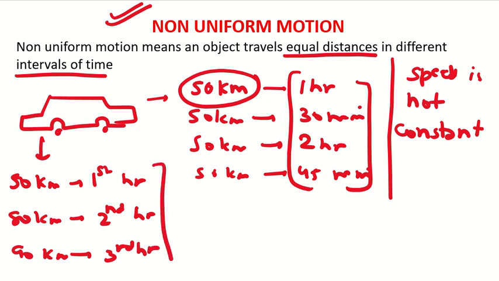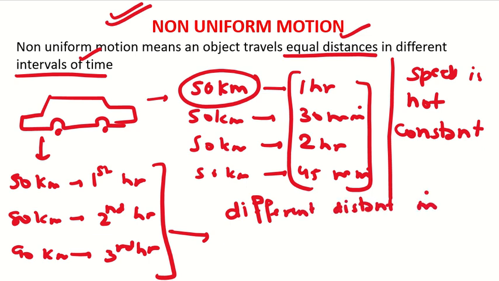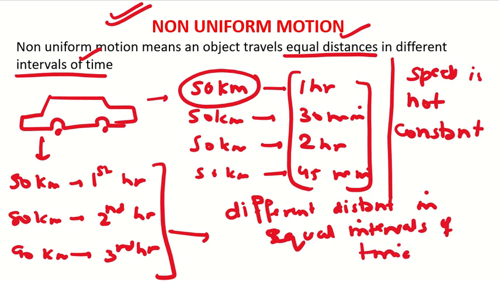So you can say equal distance in different intervals of time, or you can also say different distances in equal intervals of time, or you can say the speed is not constant. Now, taking account of all the definitions, one thing is varying: either the distance keeps on varying or the time keeps on varying.